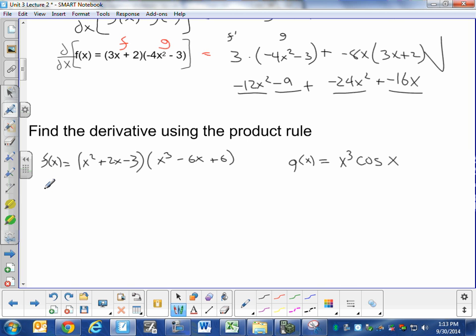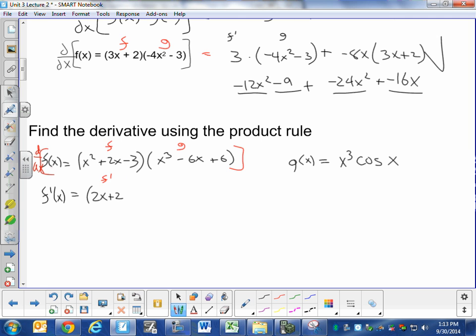So if I took the derivative of this to give me f prime, so I'm taking d/dx of everything, we can use the product rule. So f prime is first. That is 2x plus 2.